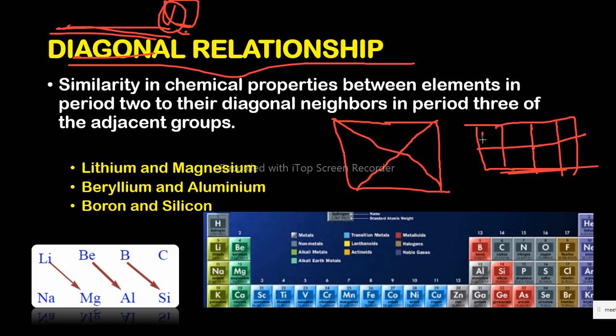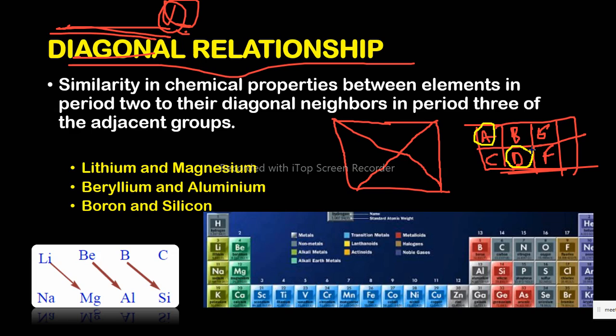You have A, you have B, you have C, you have D, you have E, you have F. Where A resembles D, okay?